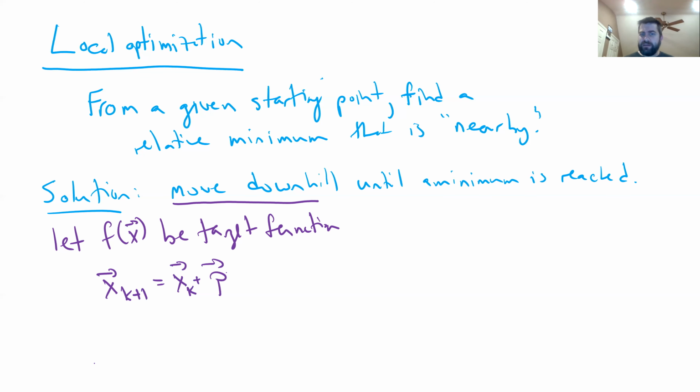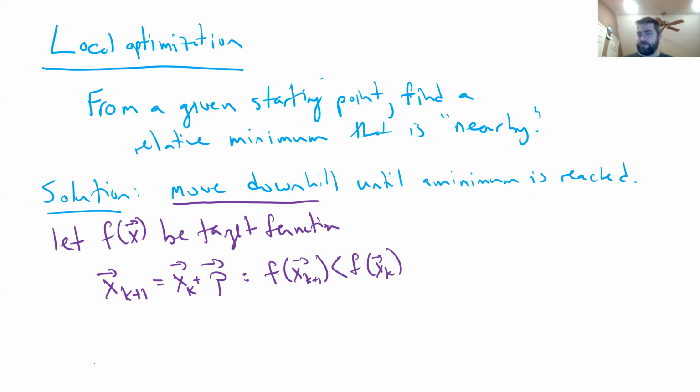We want to take a downhill step, and there are two ways that we can define this. One way is simply such that f of x of k plus 1 is less than f of x of k, a lower energy. This is a perfectly fine definition of what it means to move downhill.